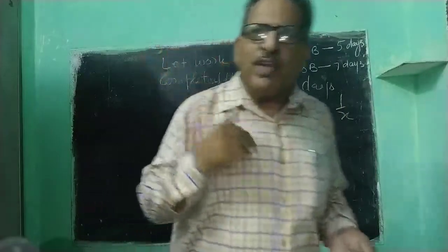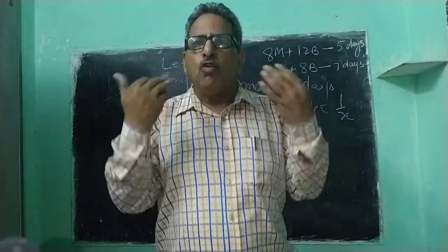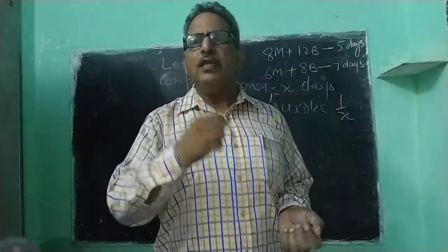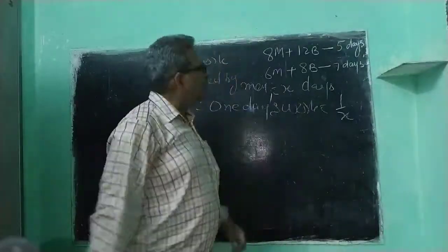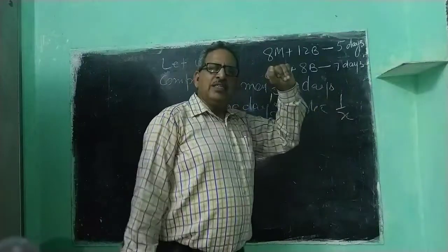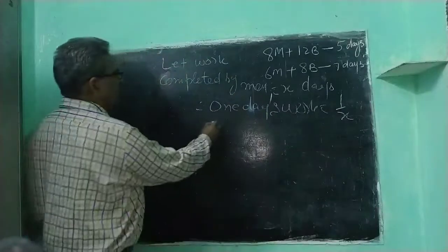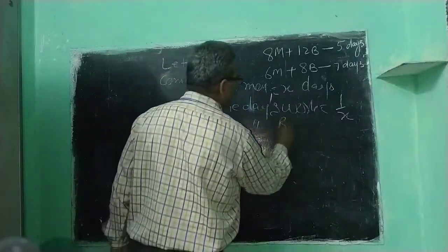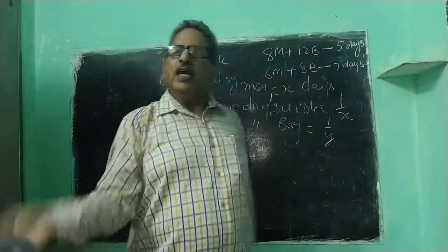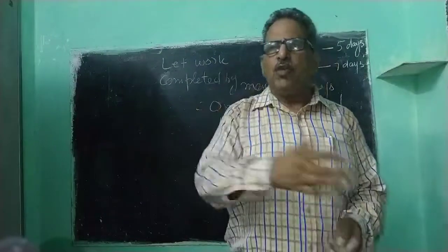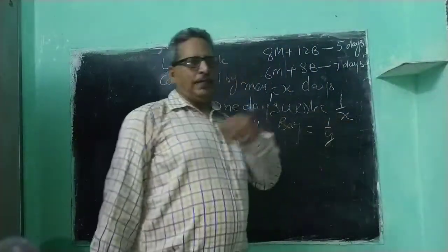Simple, beta. If I complete any work in 5 days, how much work will I complete in 1 day? Obviously 1 by 5, that is the 5th part. Similarly here, the whole work is completed in x days, so 1 day's work will be 1 upon x. Similarly, 1 day's work of a boy is equal to 1 upon y. Let the whole work be completed by the boys in y days. So 1 day's work will be 1 upon y.